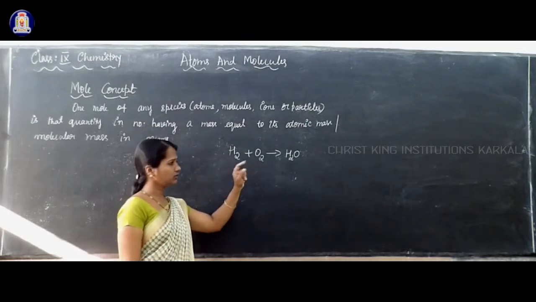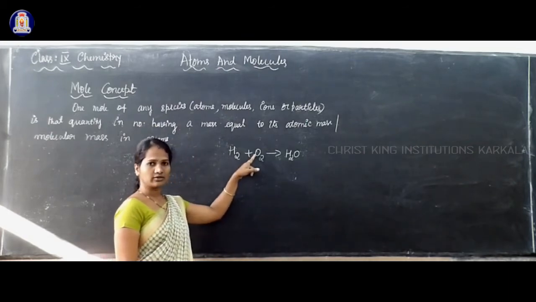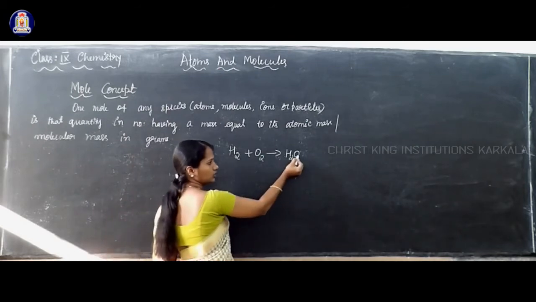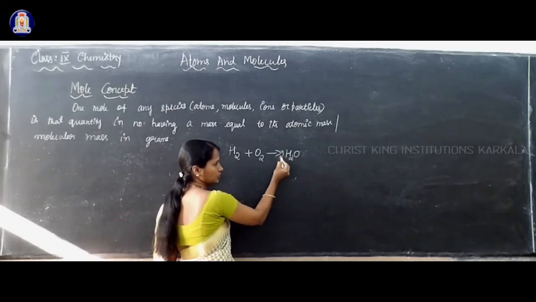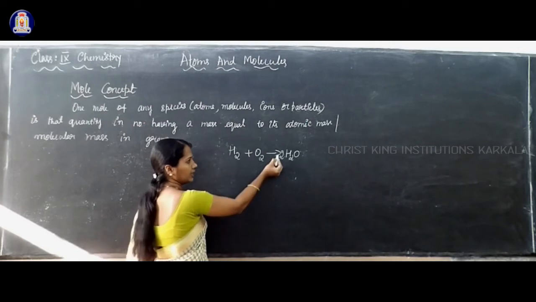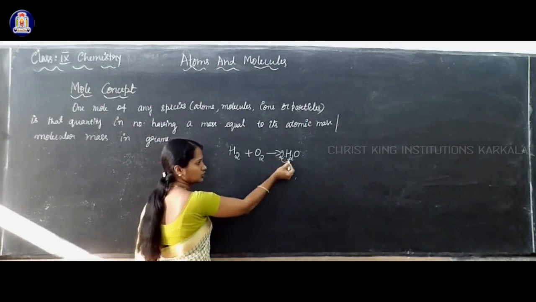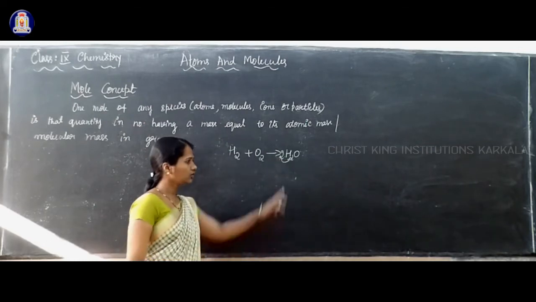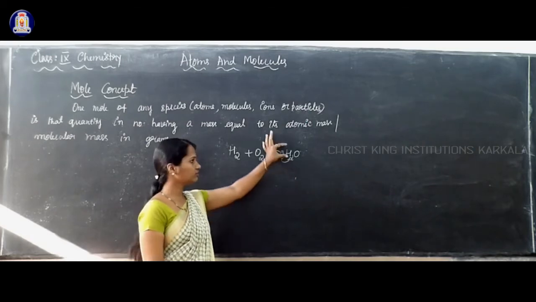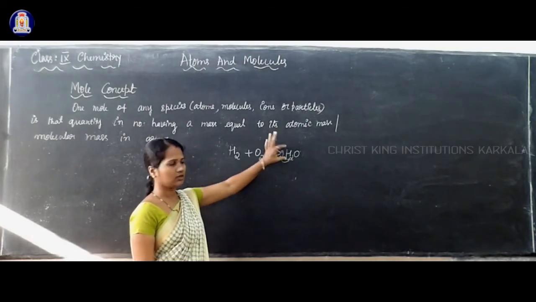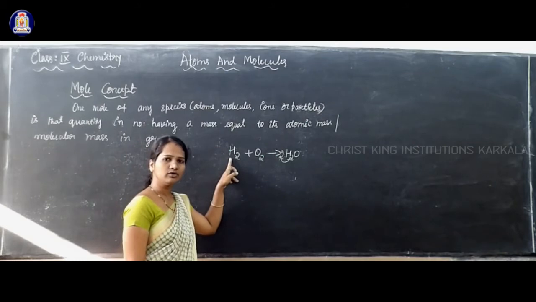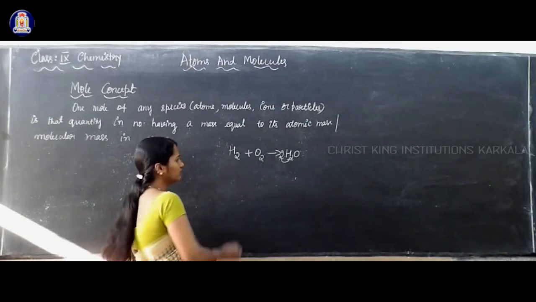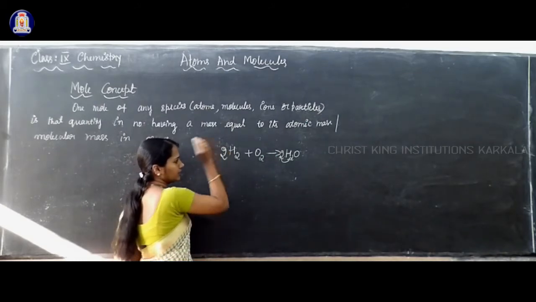Balance the reaction. Here two oxygen atoms are present, and here only one oxygen. I write here 2. When I write 2 here, this 2 and this 2, you have to multiply. 2 twos are 4, you will get 4 hydrogen atoms. On this side only 2 hydrogen atoms are present. Therefore you have to multiply this side by 2.